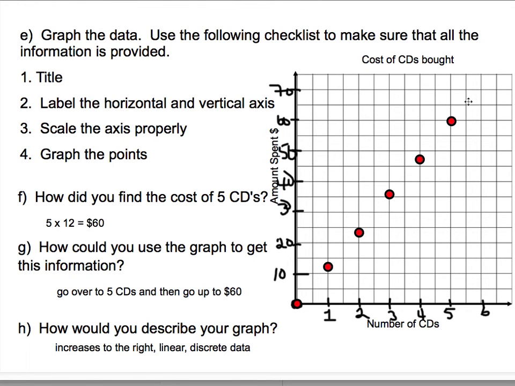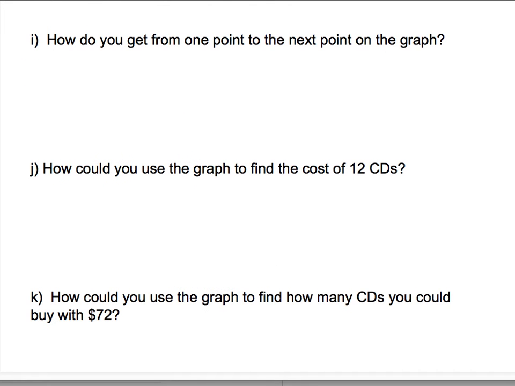It rises to the right. It's discrete because the points in between don't make any sense, and it's linear. If I was to connect these dots, it would form a straight line. Okay, so how do you get from one point to the next point? Well, let's take a look.